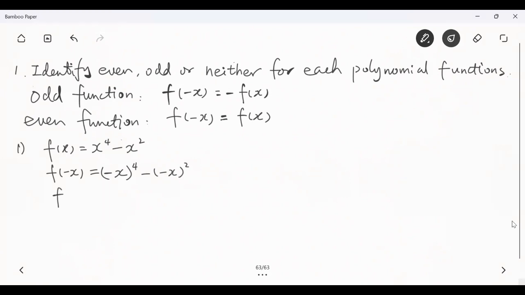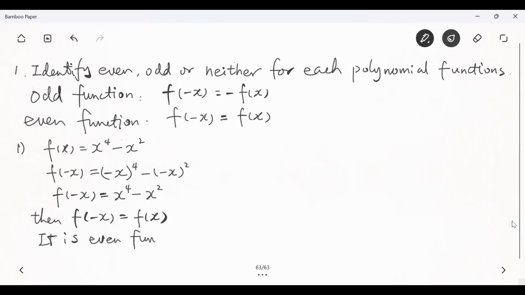Then we know f negative x equal x to power 4 minus x squared. Then f negative x equal f x, right? So we compare f x and f negative x, so the same. Then the function is even function, right?